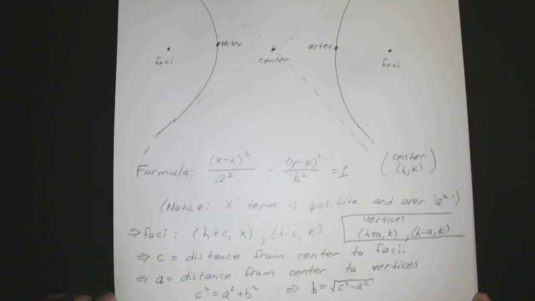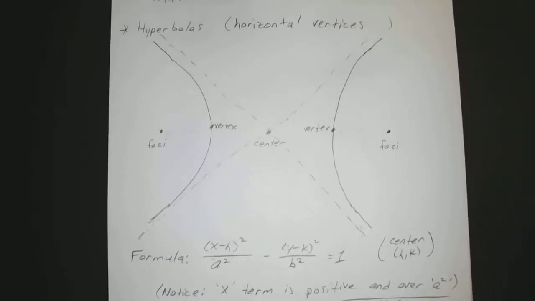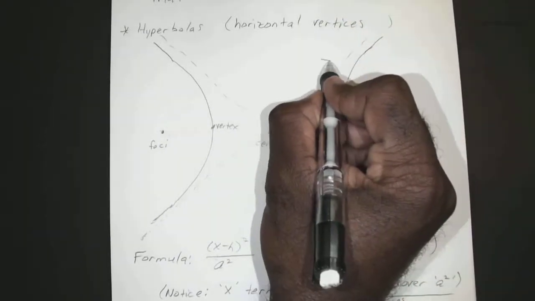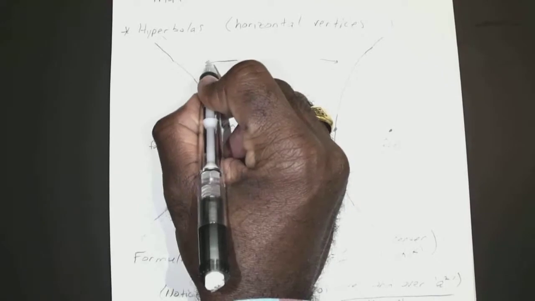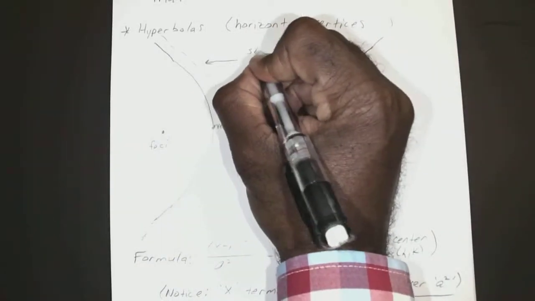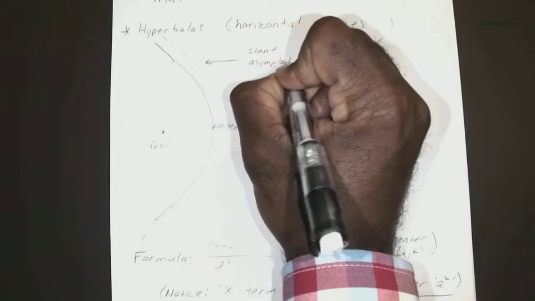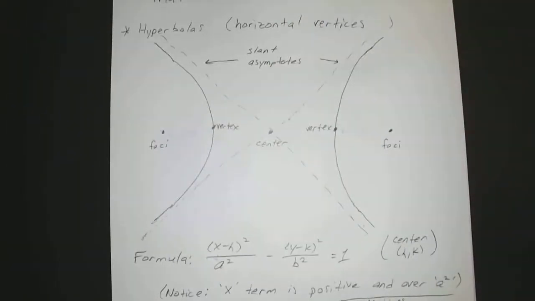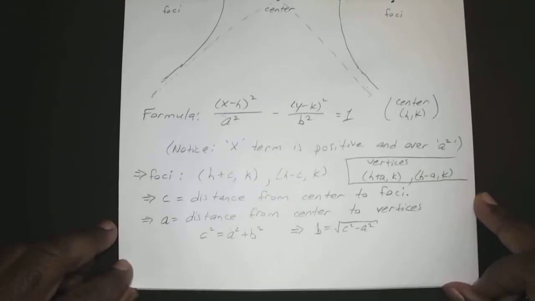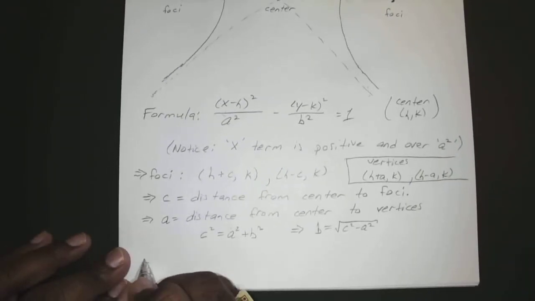Okay. Now for this one also, remember here and here you have your slant asymptotes. Okay, those are the barriers that that graph will not cross. Right. And you have a formula for those.